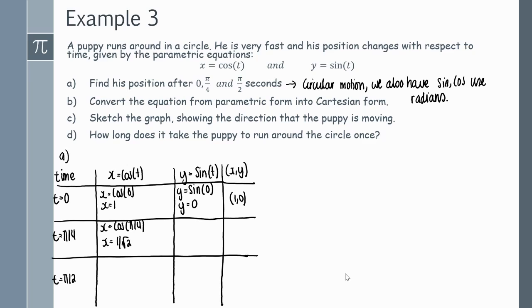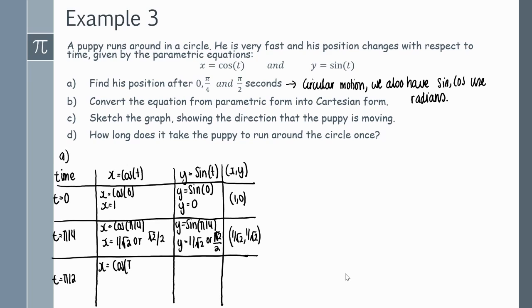For pi on 4, cos pi on 4 is 1 over root 2, or root 2 on 2. The same as sine pi on 4. I'm just going to leave it as 1 on root 2 for both, but feel free to rationalize, especially in an exam.